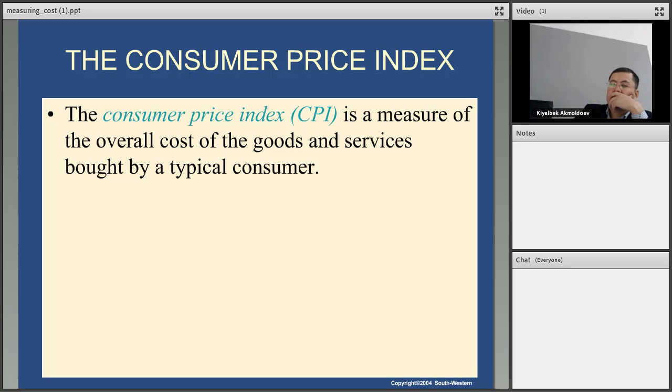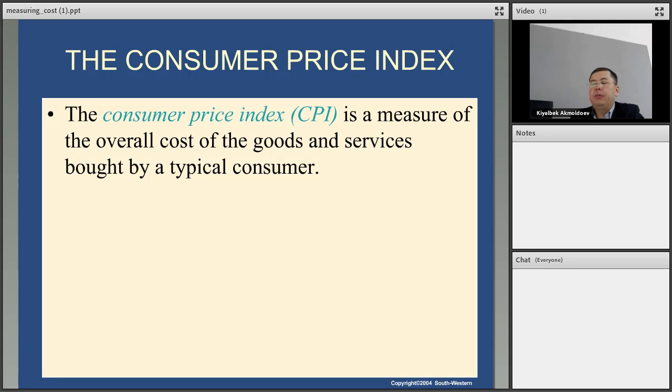So what's the difference between GDP deflator inflation and CPI consumer inflation, you may ask. The difference is that the Consumer Price Index calculates the percentage change in the price of goods and services which consumers consume.